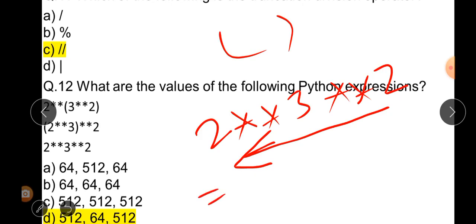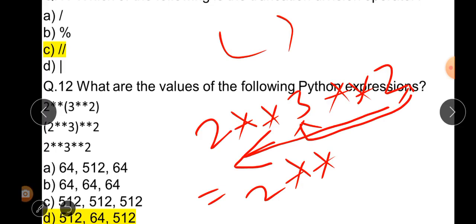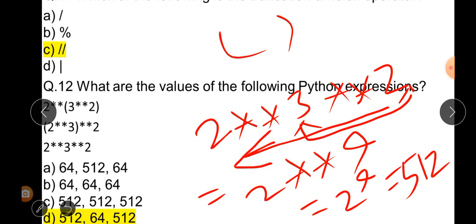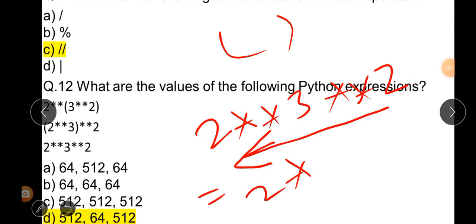So our answer should be 2 double star, and 3 double star 2 means 3 power 2, which is 9. Now 2 power 9 means 512. So 512 is the correct value. Okay, so D is the correct answer.